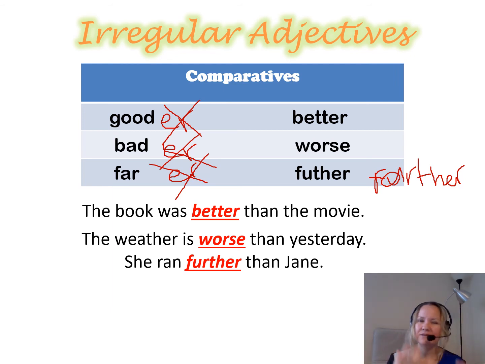And I didn't say the weather is better. What did I say? The weather is worse than yesterday. And again, she ran further than Jane. So again, we're comparing 2 people, she and Jane. Okay, excellent. So we just have to learn good becomes better, bad becomes worse, far becomes further.